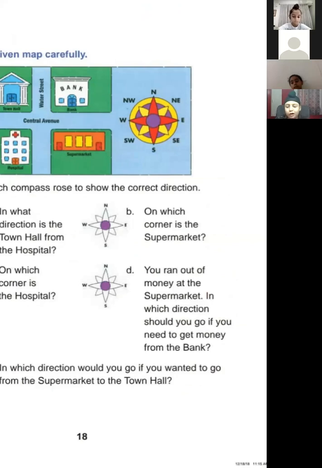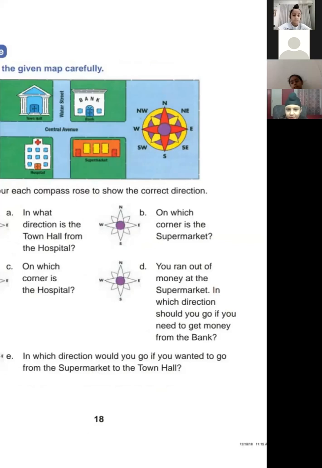So you are at supermarket. You need to go to bank. North, yes, children, because bank is to the north of supermarket. You are at the supermarket, so you can just head north where the bank is.